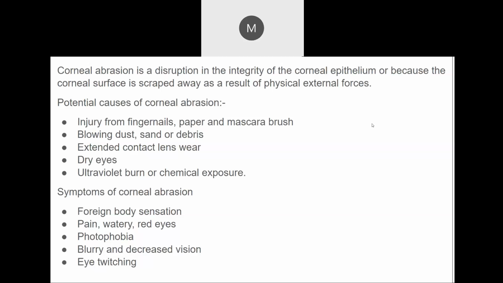The symptoms typically begin instantly after the trauma occurs and can last minutes to days depending on the size of the abrasion. Also, the clinical presentation is usually unilateral when the corneal abrasion is associated with trauma, or it may be bilateral when it is associated with UV burns or chemical exposures. Next slide.